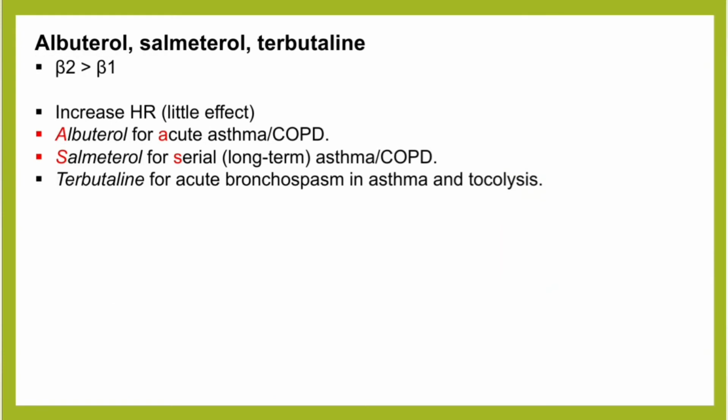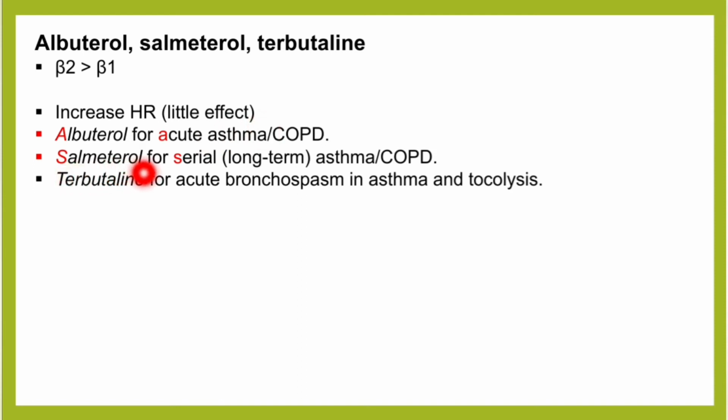The next group, albuterol, salmeterol, terbutaline. These drugs are used in the respiratory system. They have more activity on beta 2 than beta 1. They increase heart rate, but it's a little effect. Albuterol is used for acute asthma or COPD.